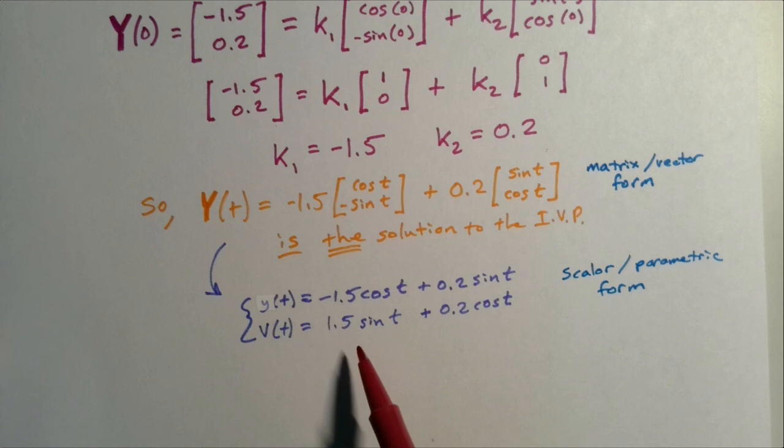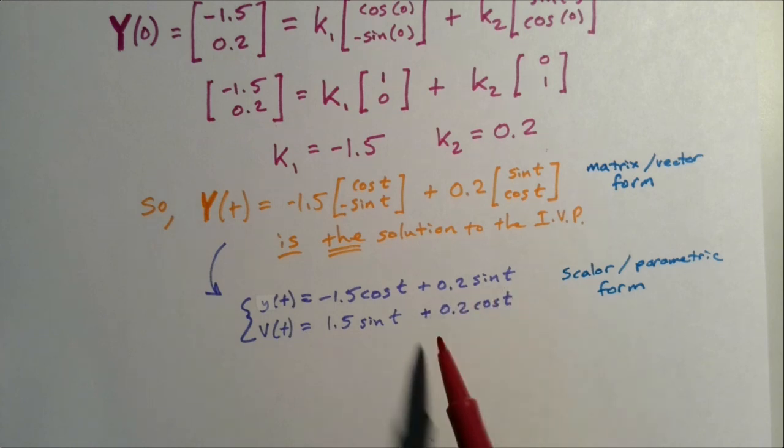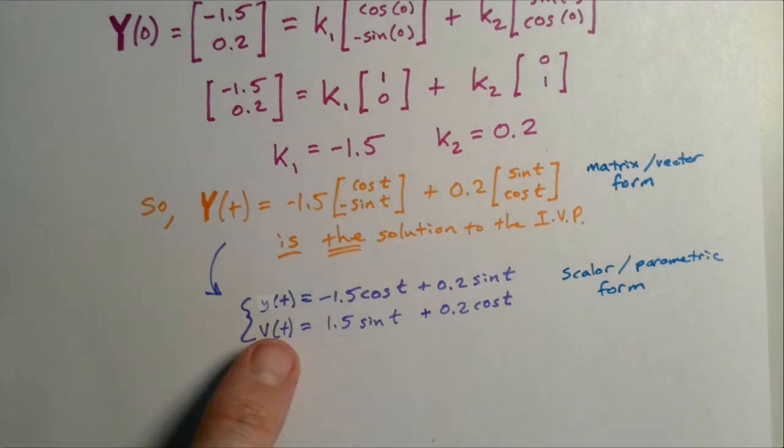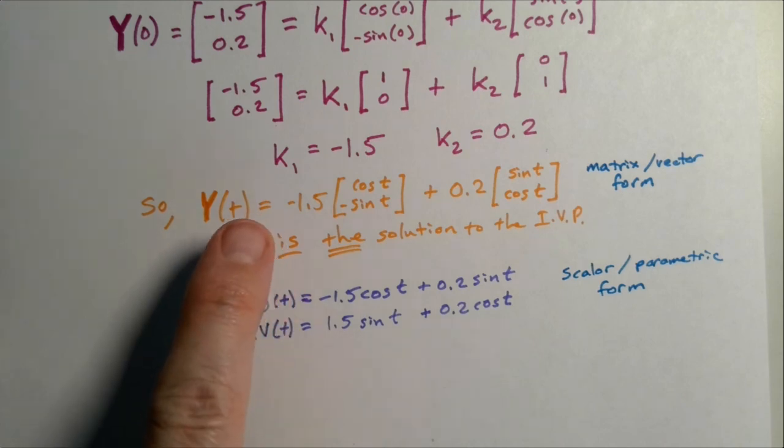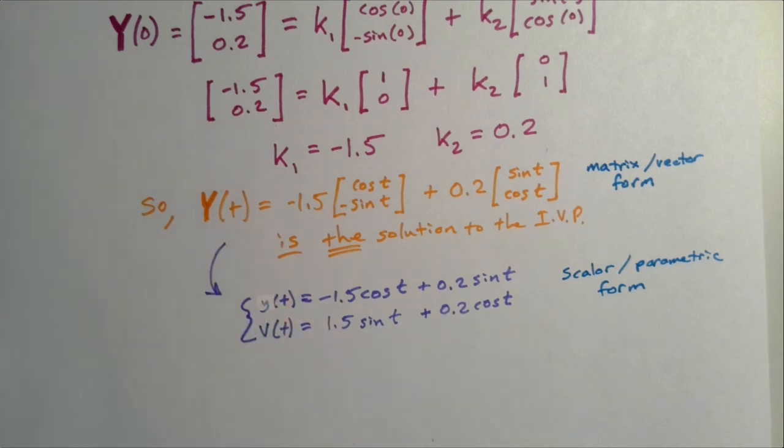The derivative of 0.2 sine t is 0.2 cosine t. So it's exactly what we would expect it to be if we were in scalar or parametric form. The exact result is what you get when you're doing this in matrix form. Either way, you get the same result, and it's exactly what you'd expect in terms of position and velocity.